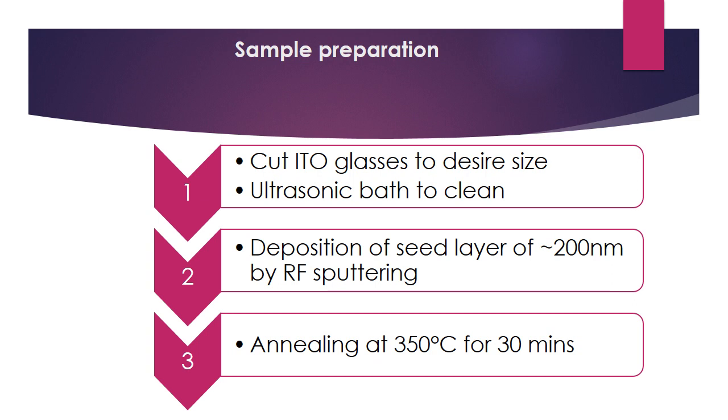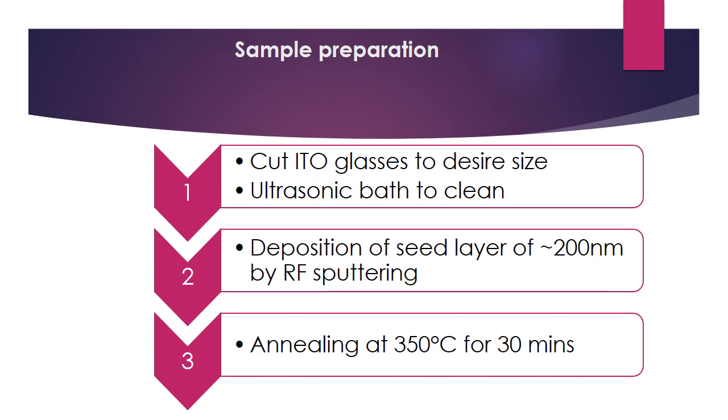The ultrasonic bath is carried out by dipping the ITO glass into deionized water for 15 minutes, followed by ethanol for 15 minutes, then acetone for 15 minutes, and finally deionized water again for 15 minutes. After the cleaning process, the sample is sent to a deposition process.